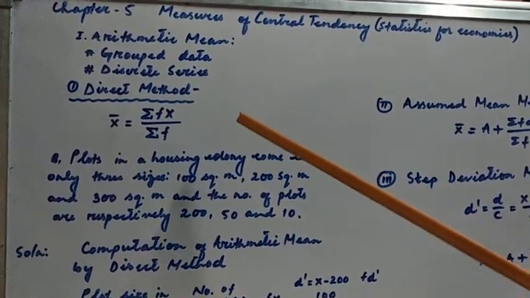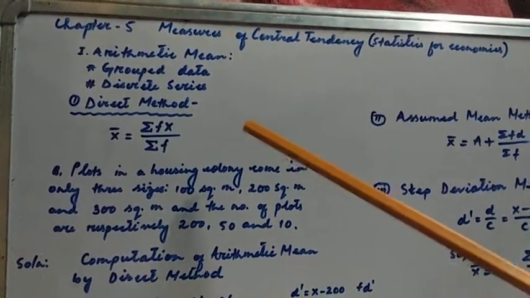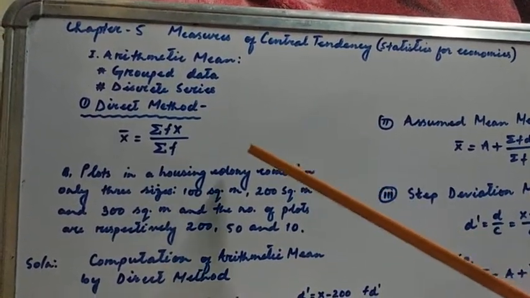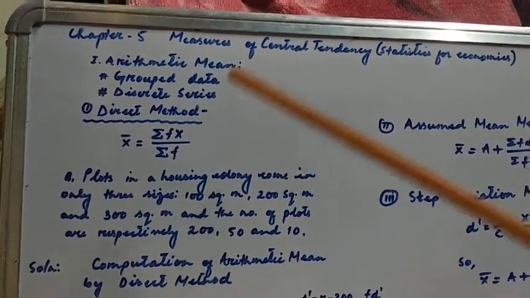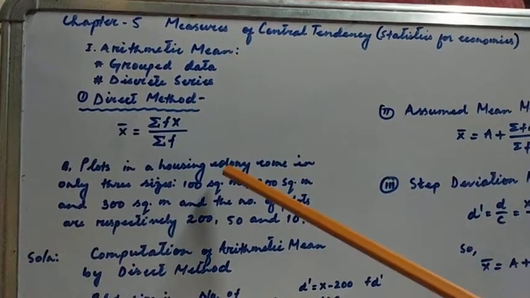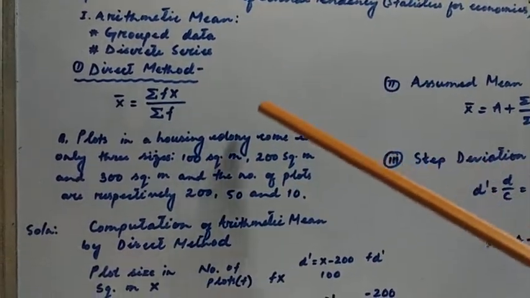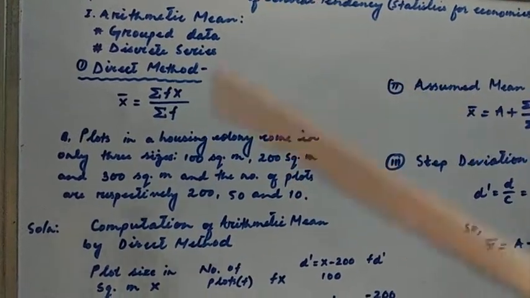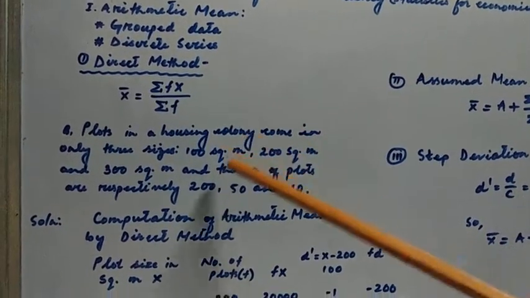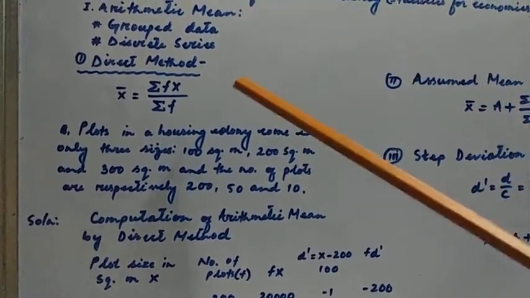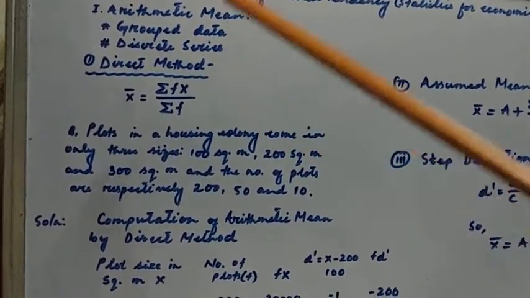First, the frequency against each observation is multiplied by the value of the observation, and we get values which are summed up, added, and then divided by the total number of frequencies. That is the direct method.